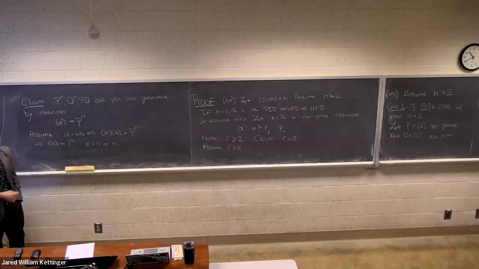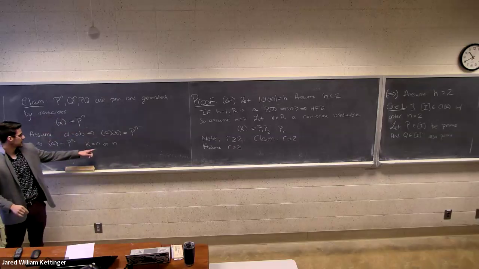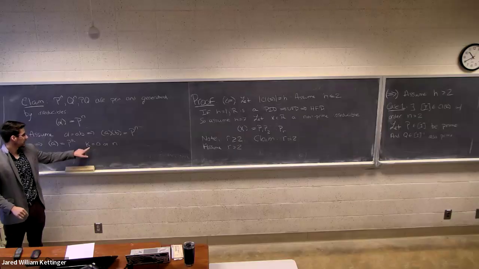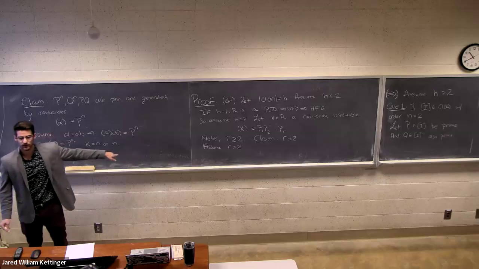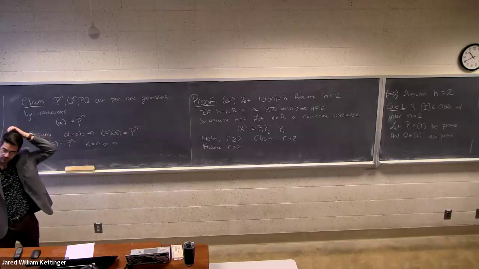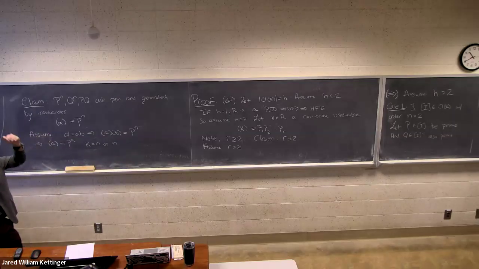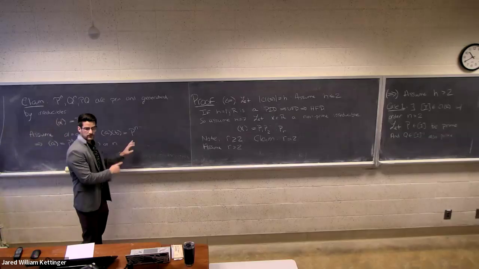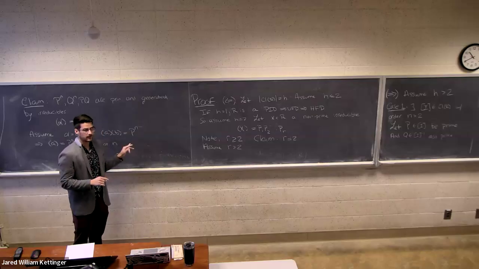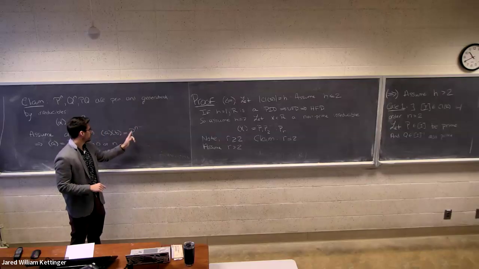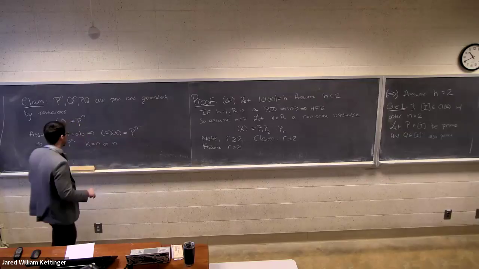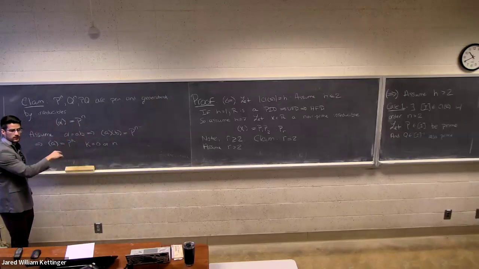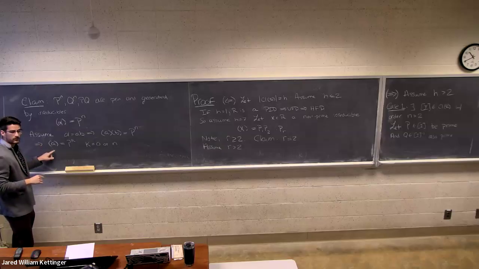Now, why can I make this claim that the ideal generated by alpha has to be p to the k where k is 0 or n? Of course, it has to be k less than or equal to n, but why are these our only options? The order of the classes. Right, the order of this element as a class is n. So for any k less than n, this won't end up being principal, except for 0, in which case this is R, and so this is a unit.